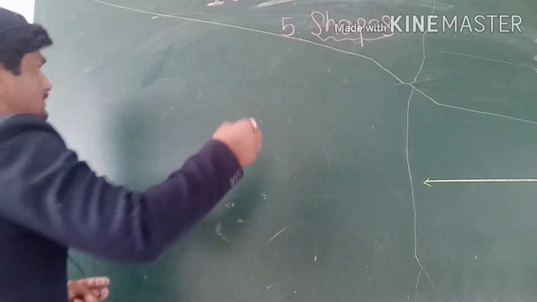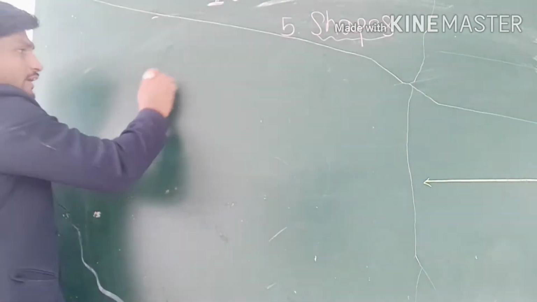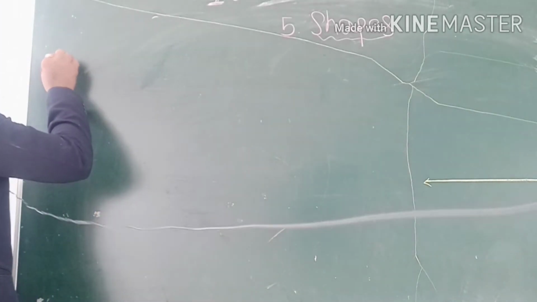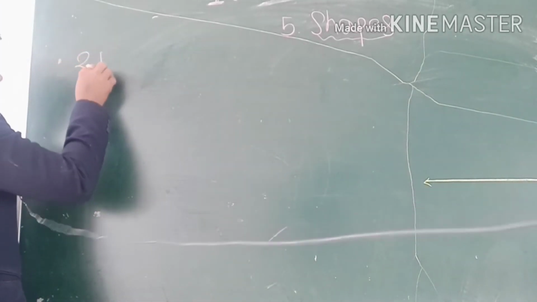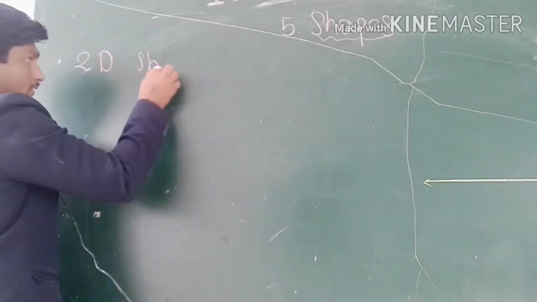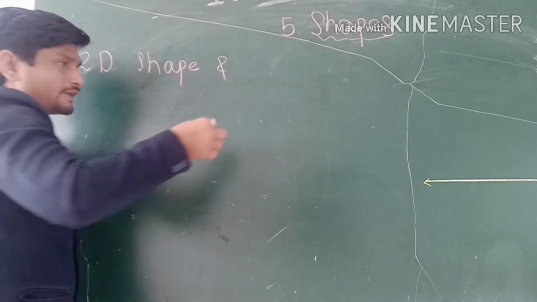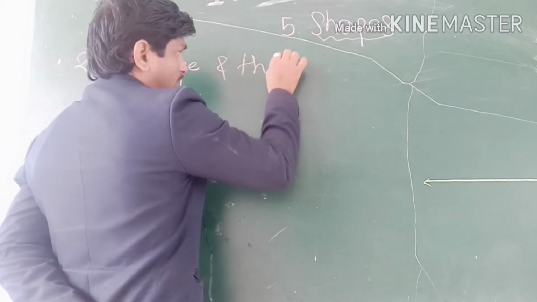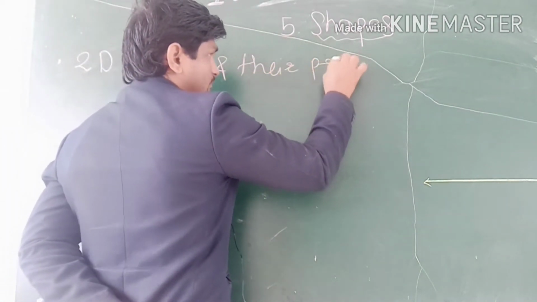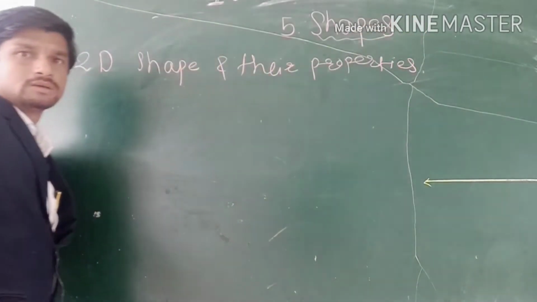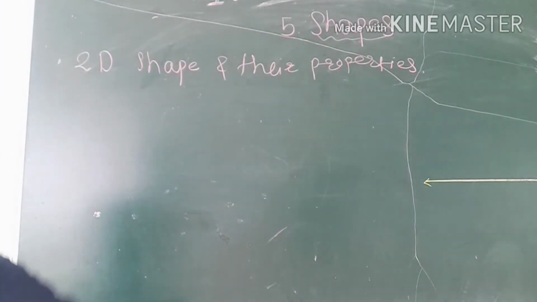In the chapter, the first point I will show you is regarding 2D shape and its properties. See, what is meant by 2D?